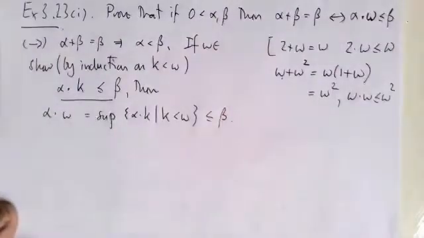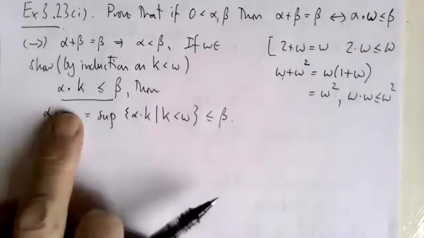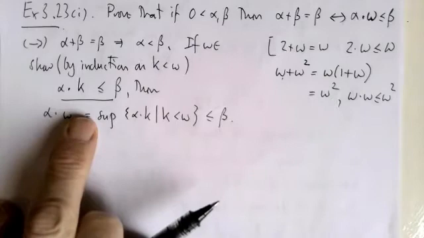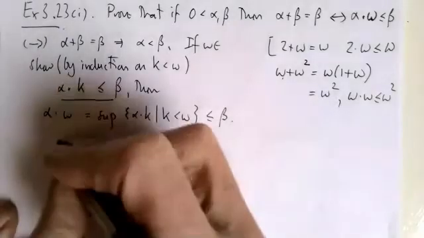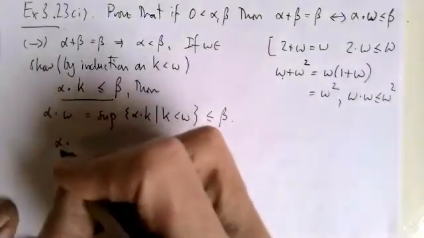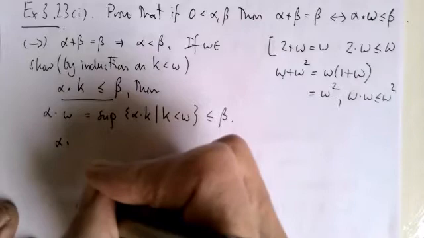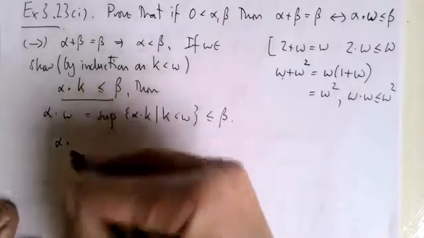So prove this. If I've got alpha times k less than or equal to beta, what would I want to say?